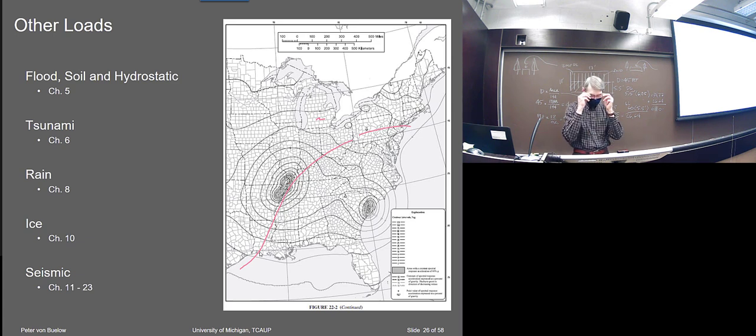Oh, then let me tell you, that's an interesting story. In 1812 was the last time the New Madrid fault really had a major earthquake. And now we consider it kind of dormant, and it's pretty low. We don't account for it too much in the earthquake design.